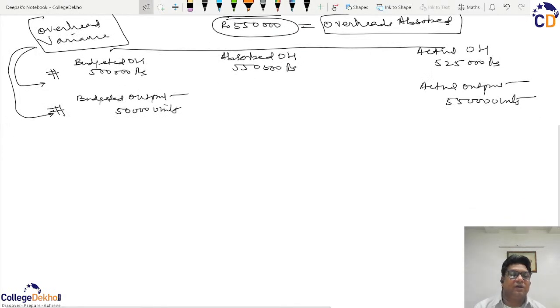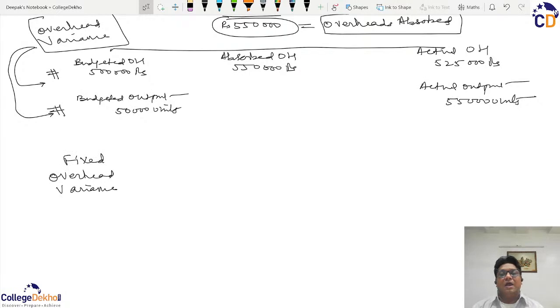So conceptually, when we use the word overhead variance, which in this case refers to fixed overheads, it does not make a difference whether these fixed overheads are factory, office, or selling overheads. We presume the concept remains constant for any of the three kinds of overheads.